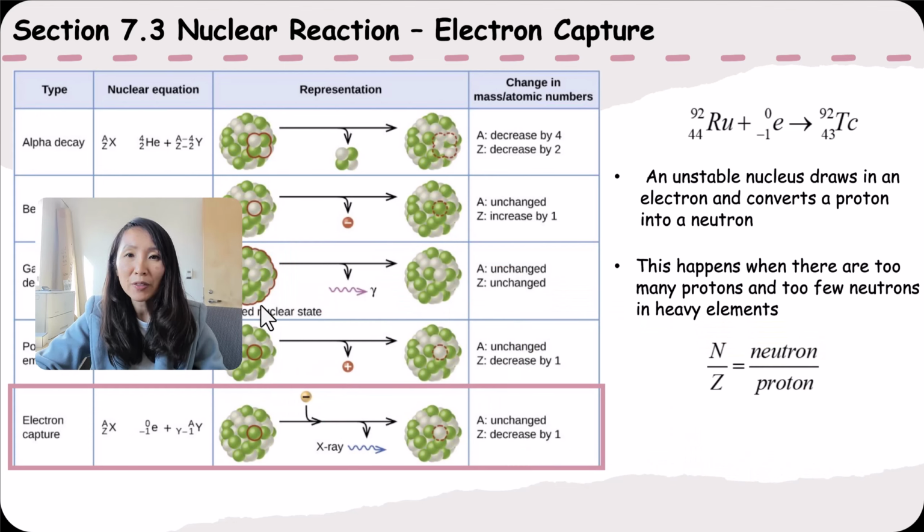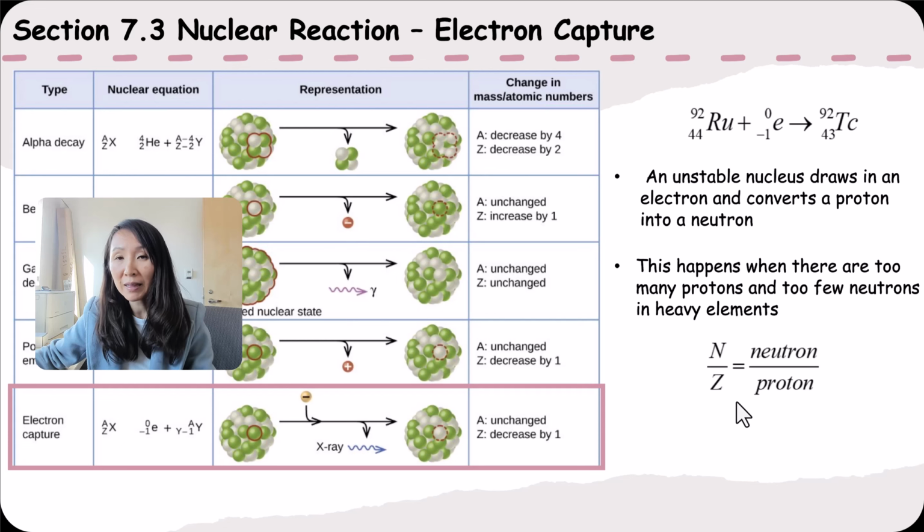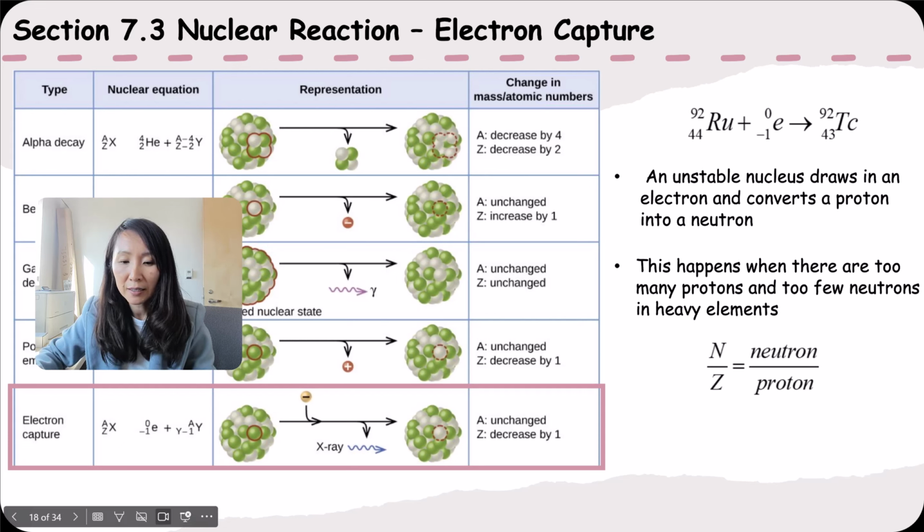This happens when there are too many protons and too few neutrons in heavy elements. These are the ones closer to the bottom of the periodic table. So you see there are few neutrons, a small numerator and a large denominator. So N over Z, you might see this as being small, maybe less than 1 approximately.